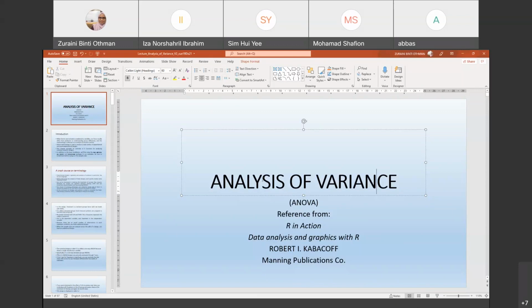Today we hear a lot of variant in terms of COVID variant, which is variasi of COVID, right?